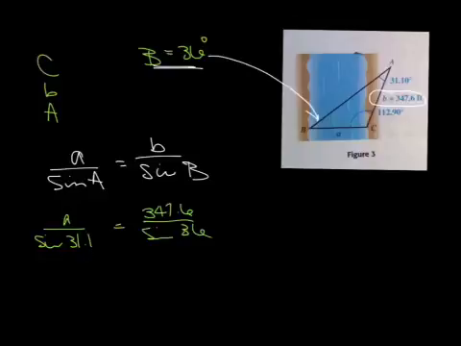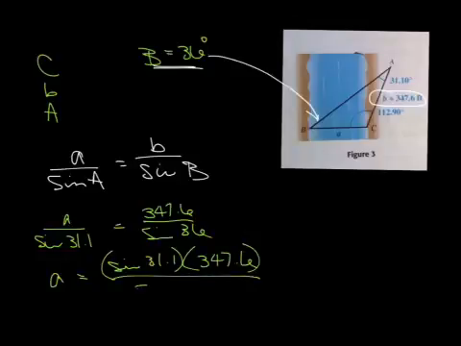Okay, once I know that, I do my cross multiplication. So A equals sine of 31.1 times 347.6 divided by sine of 36. And we get 305.5 feet, roughly.